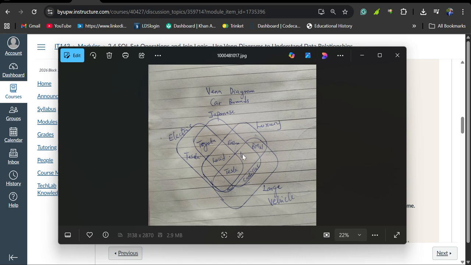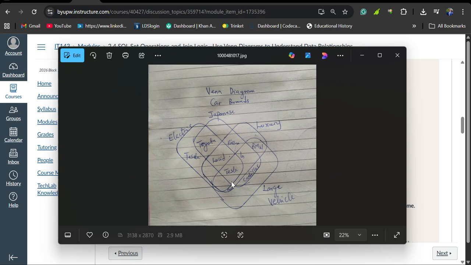Now if we want to consider the four sets of brands, we look at the left joint and the right joint. The left joint includes all the data of electric and Japanese vehicles, while the right joint will be the luxury and the large vehicles. So the left joint is going to be the Tesla, the Lucid, the Toyota, the Infiniti, and the Nissan.